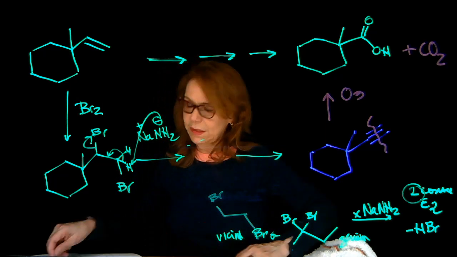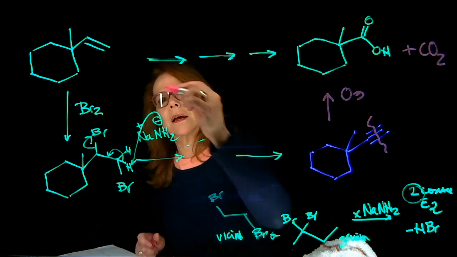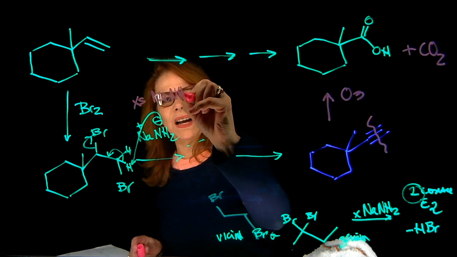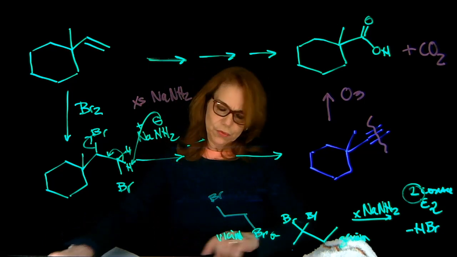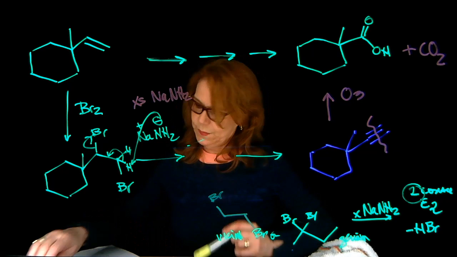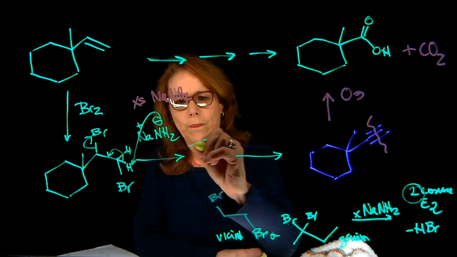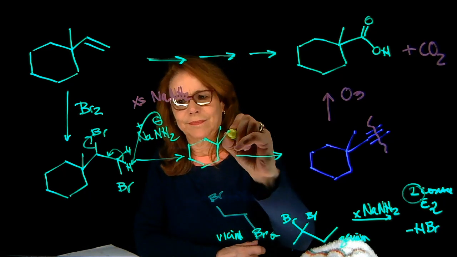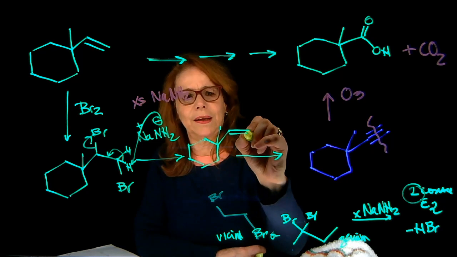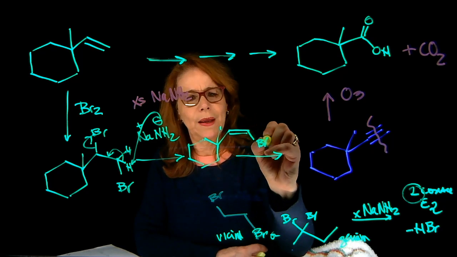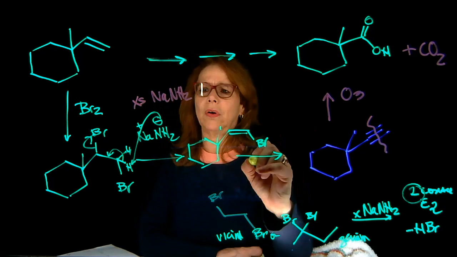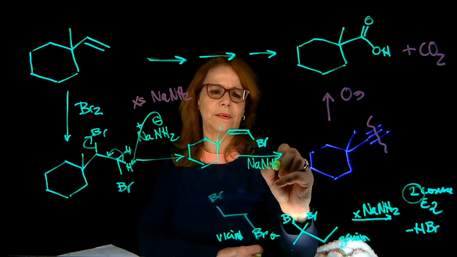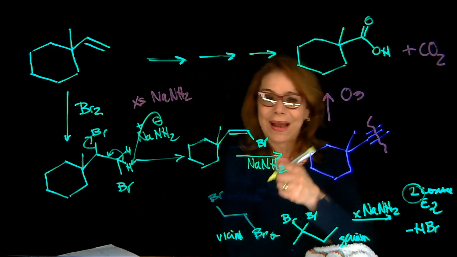And then because we're using excess sodium amide, first you're making your alkene, but that alkene will still have a bromine and another hydrogen. So again, sodium amide: 2 consecutive eliminations, you will form an alkyne.